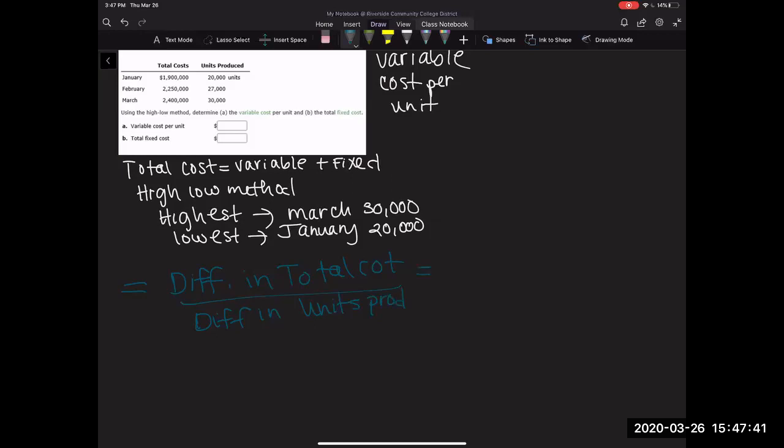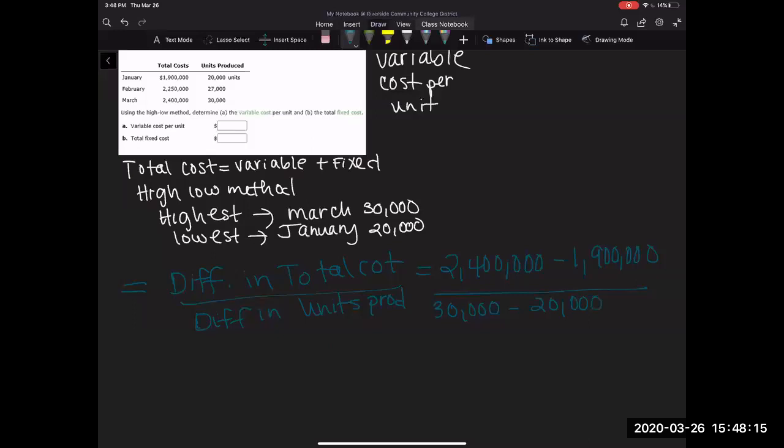All right, so here we are. We said our highest level was the month of March, and that total cost was 2,400,000, right? And then our lowest level was in January, and that total cost came out to 1,900,000. Okay. And we're going to divide that by the difference in units produced between the highest and lowest levels. So for March, it was 30,000 units less January, which is 20,000.